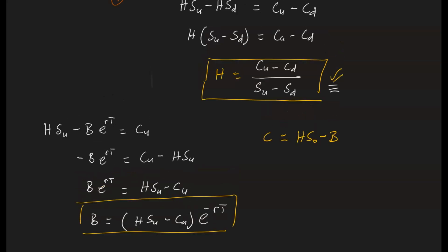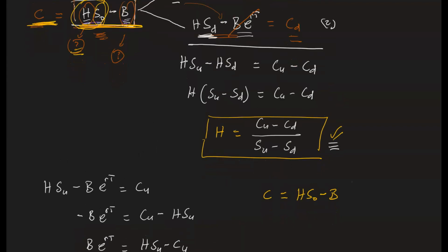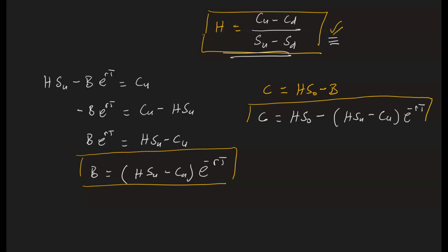And that's true because we know that this is true, which means that we can substitute h there. So call is going to be equal to h S0, we know what h is, minus, what is b? b is h S up minus call up present value. And that is our call option price using binomial.